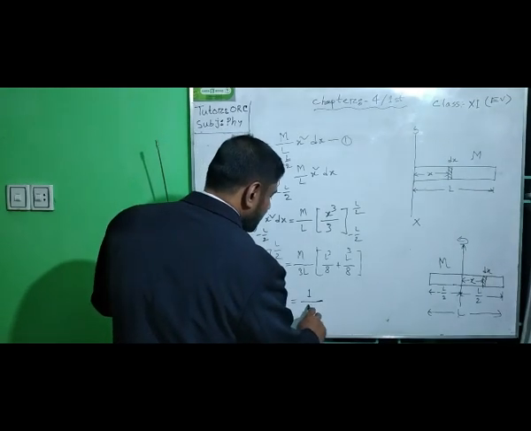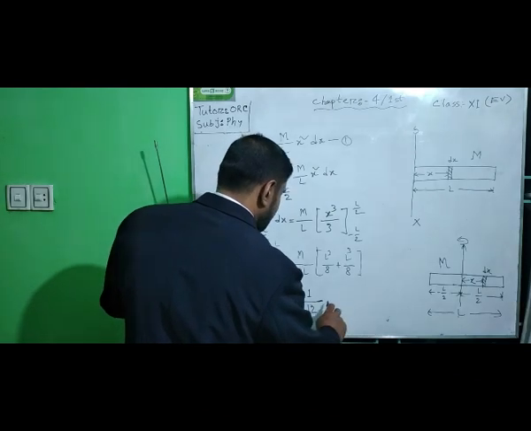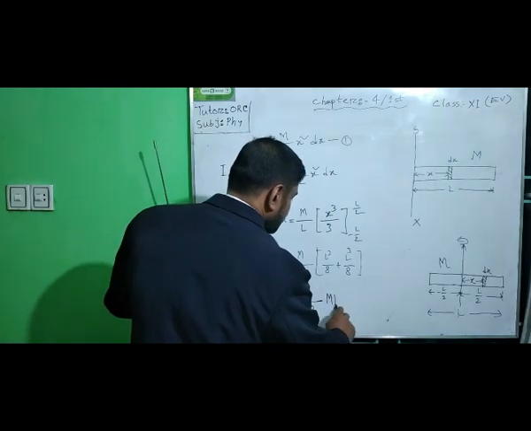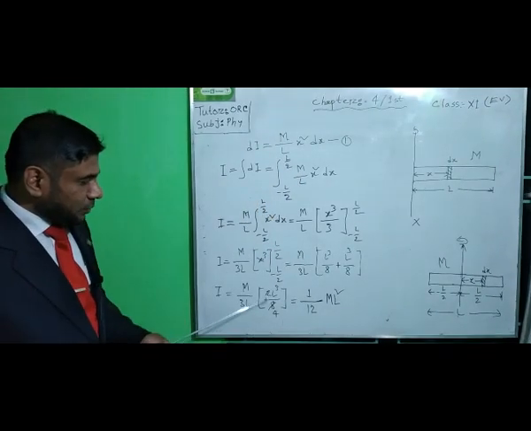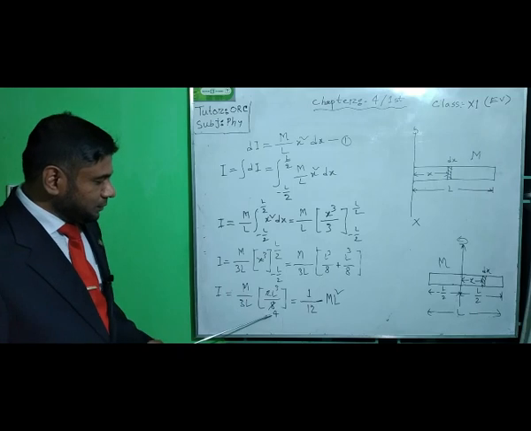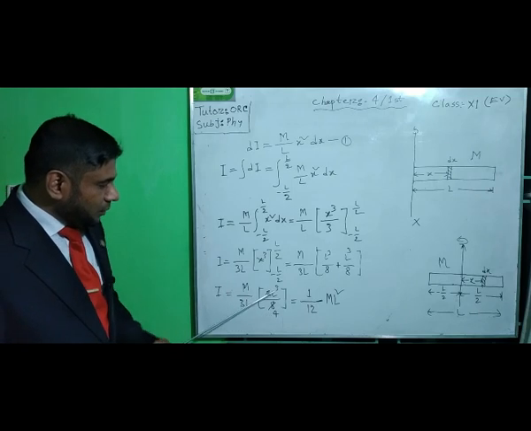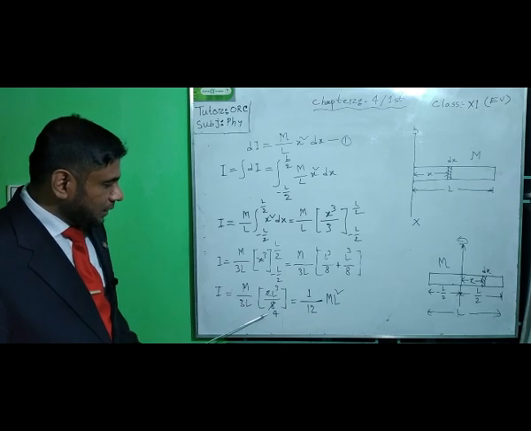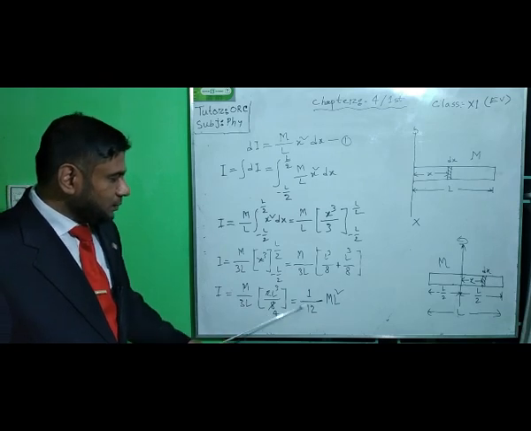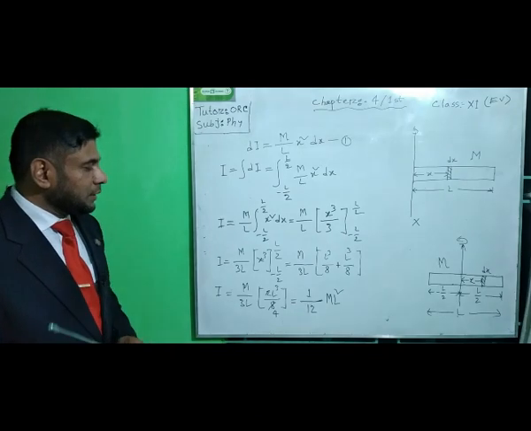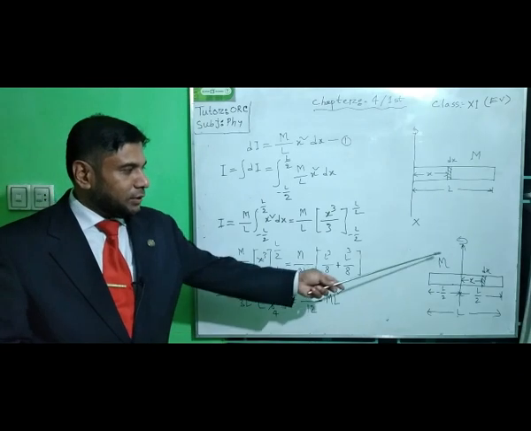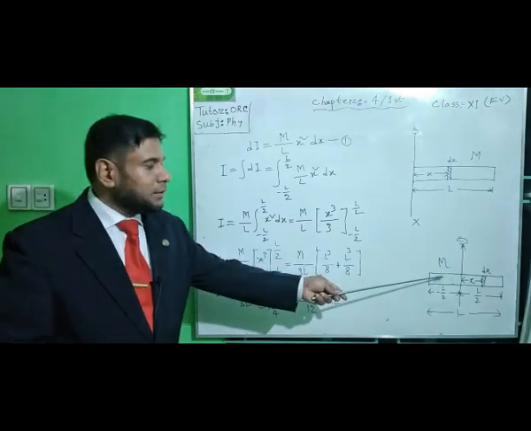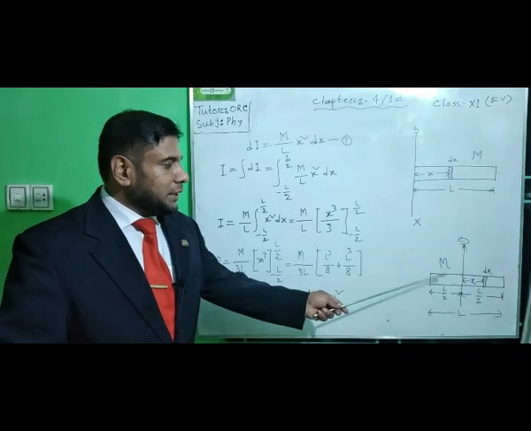So it will be 1 by 12 m L square. Let us again check. 2 and 8 cancel, 4. So it will be m L cube divided by 3 and multiplied by 4 is 3 times 4, 12. So 1 by 12 m L square is the equation of moment of inertia about the axis when the axis passes through the middle of the thin rod.